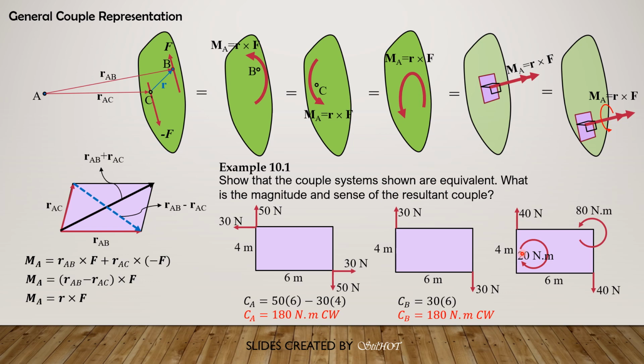So that is 260 Newton meter clockwise. Then minus 80, because this is counterclockwise. Remember that the couples are independent of their moment center. So we can place them at one point on the plane of the forces, then they can be combined. So the result is 180 Newton meter clockwise.